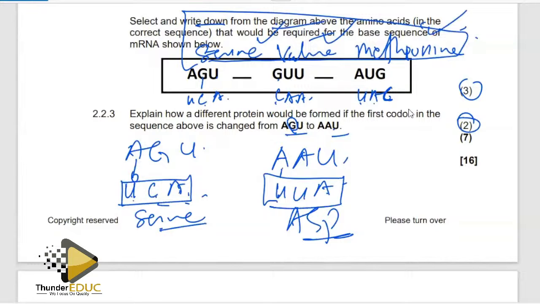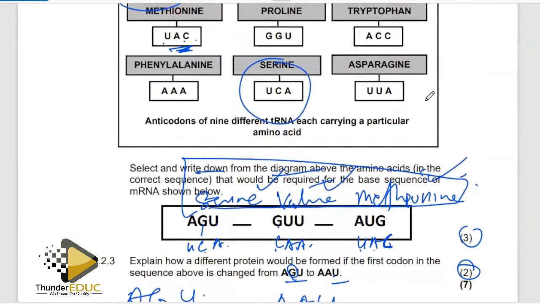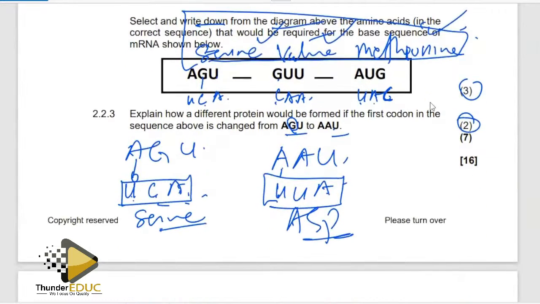That is asparagine instead of serine. It means that in this case you're going to tell us that a different amino acid will be coded for, this one instead of this one, leading to a different protein.